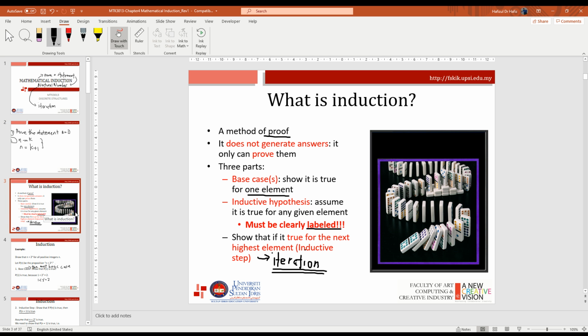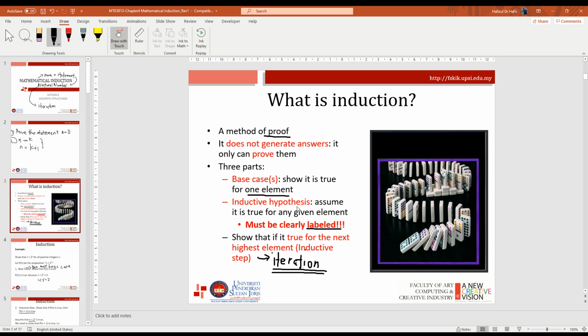Actually, what is induction? Induction is a method of proof to prove the most basic cases. Secondly, it does not generate answers. It can only prove. And then it consists of three parts or three elements. First one is the basis or base case, so it is true for one element, equivalent to one.